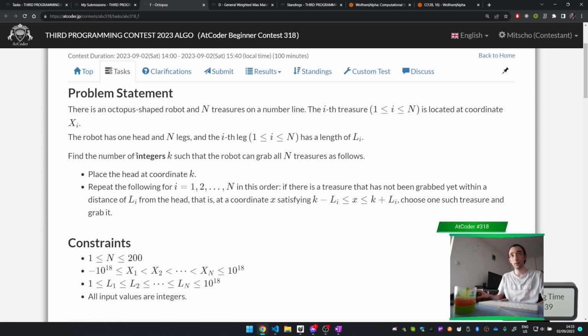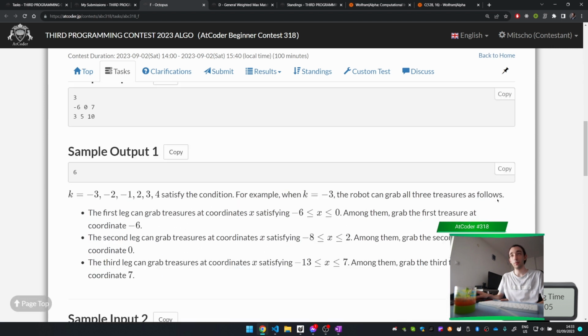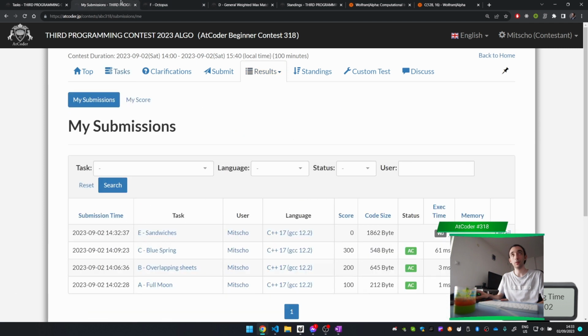Find the number of integers k such that the robot can grab all n treasures as follows. Place the head at coordinate k. Repeat the following for all of these. If there is a treasure that has not been grabbed within a distance of li from the head, choose one such treasure and grab it. Find the number of integers. Okay. This is some kind of a DP or some problem.